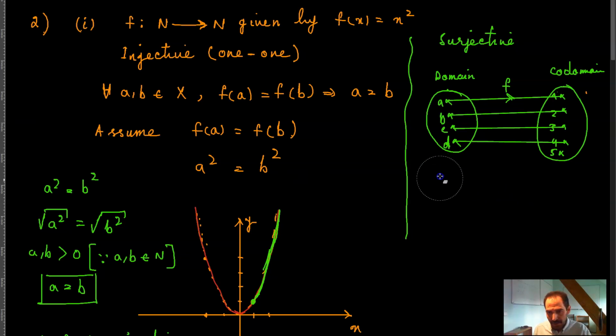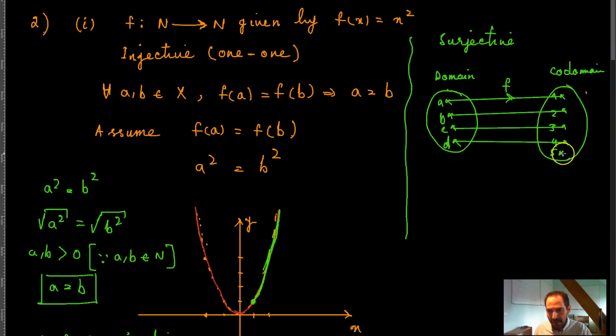So based on this, what we learn is that a function is surjective if every element of the codomain is the image of some element in the domain.